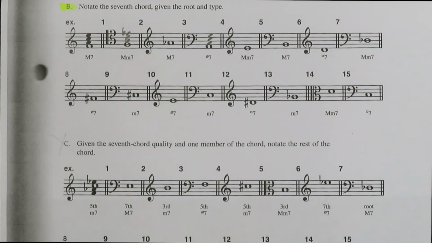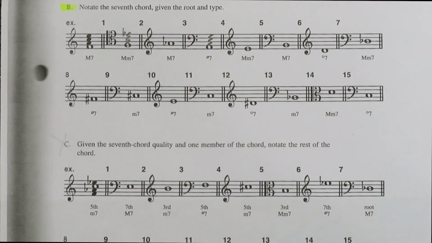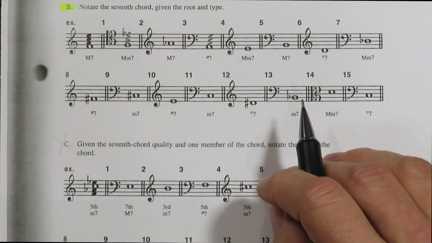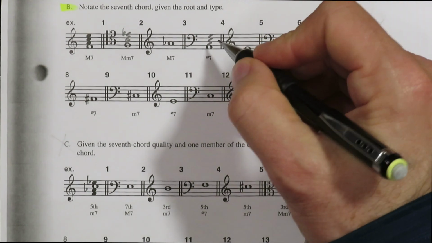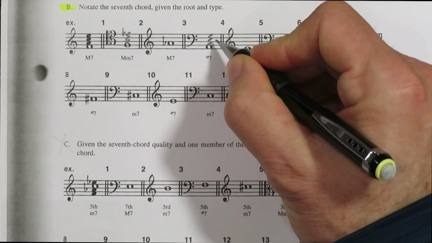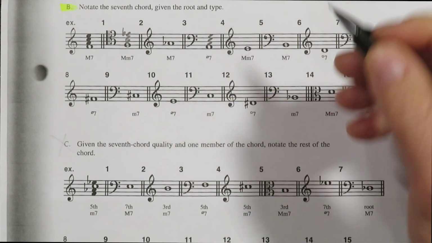At least I think so. Anyhow, here we go. We've got A, C, E, G, and we want a half diminished seventh. So we want to have a diminished triad and a minor seventh on top.